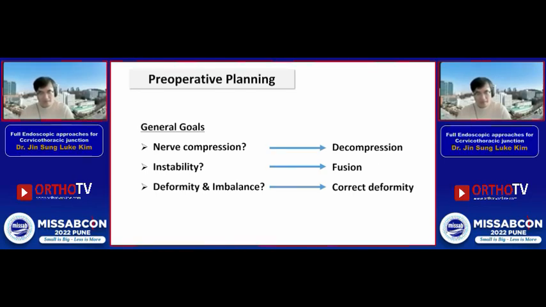What about the instability? Yes, I agree the patient has a sort of unstable spine at the CT junction. Fusion might be the solution for that. What about the deformed spine and imbalance? You might want cervical correction anteriorly and posteriorly.